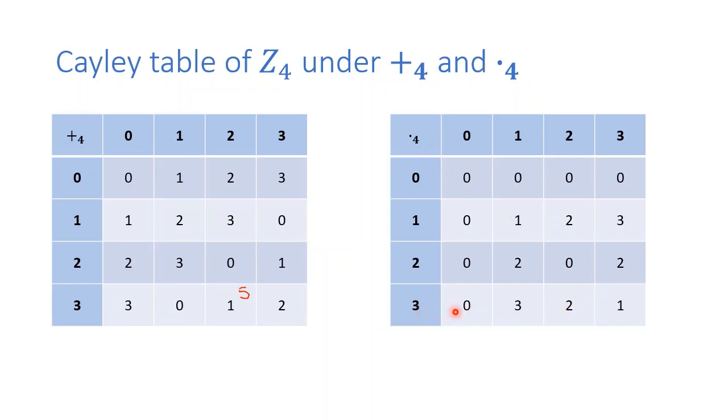So similarly, you can get all these values. 3 into 3 is 9. So 9 is equivalent to class 1 under modulo 4.